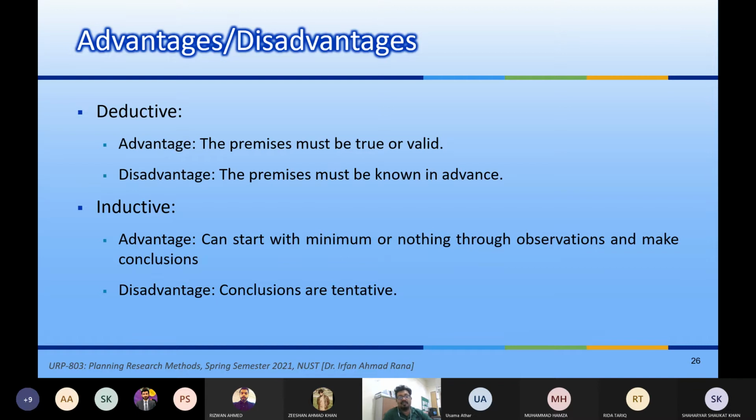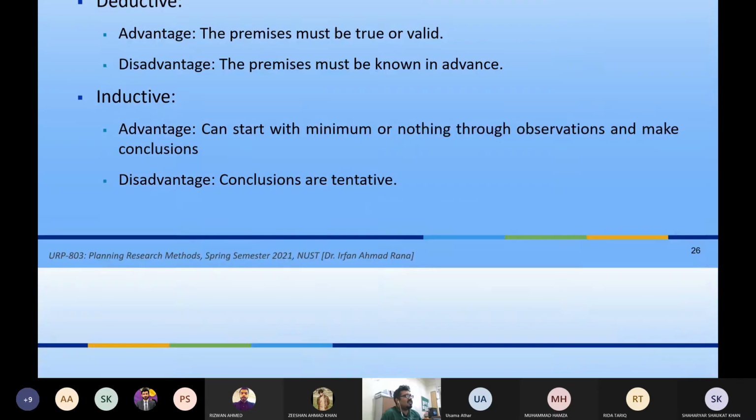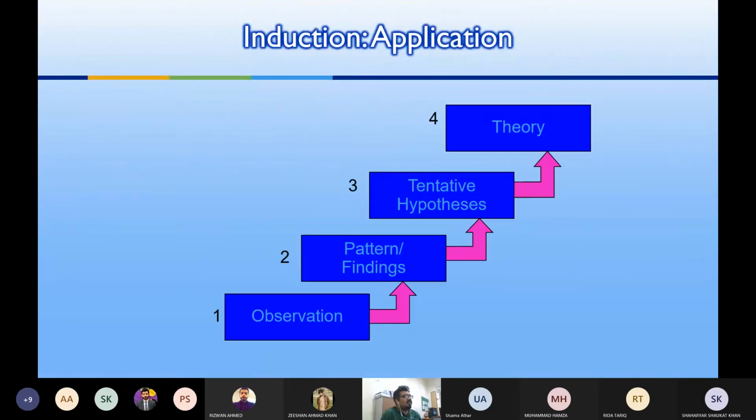And formulating a theory is not impossible, but it is difficult, because a lot of theories are already developed. Deductive types of research are very common in social sciences. In inductive, we can start with nothing and then make a theory. But the disadvantage is that your theory might be wrong. So that is the advantage and disadvantage.